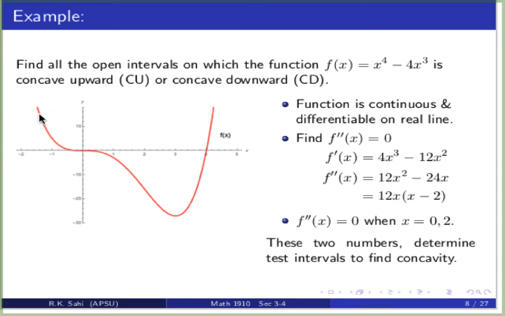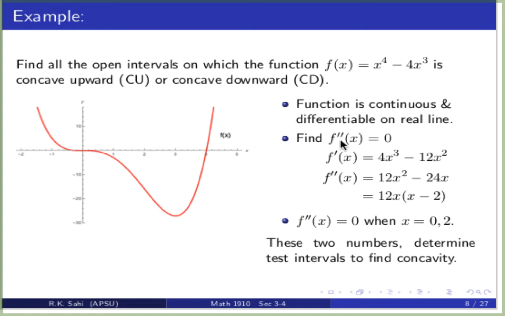Clearly we can see, just looking at the graph, this is going up, going down, going up. So we see from the graph there are three: concave up, concave down, concave up. But we have to do it by the appropriate method.